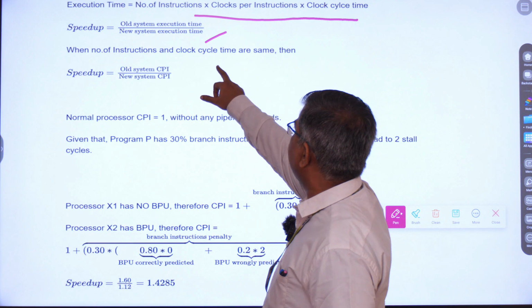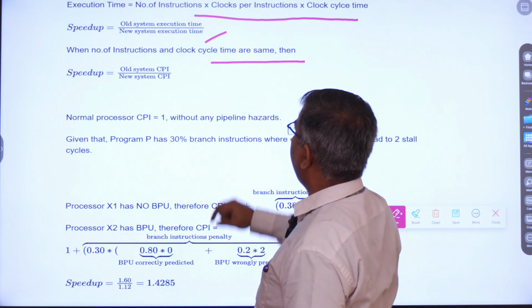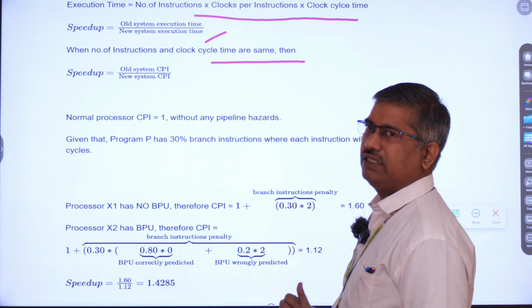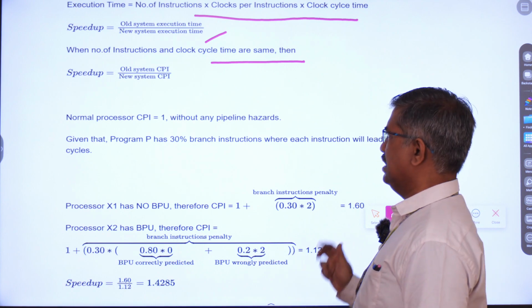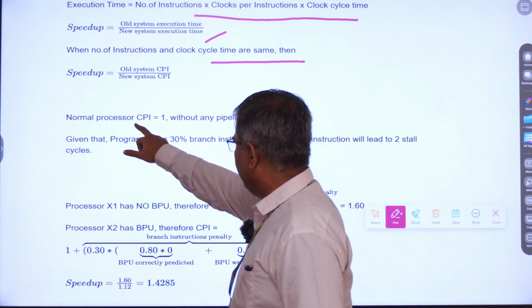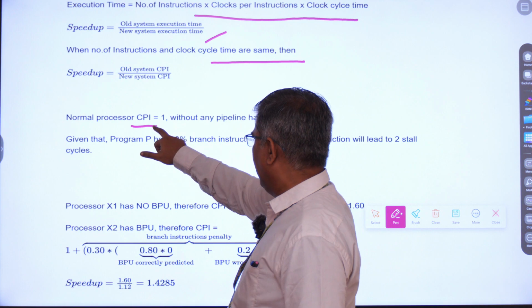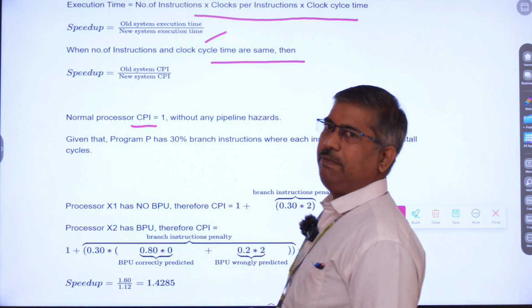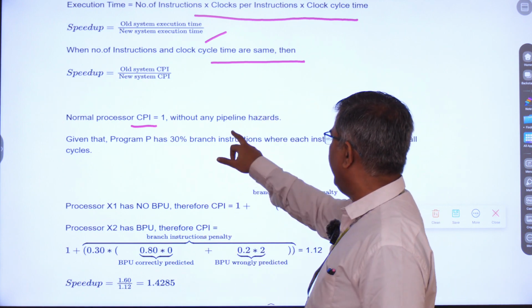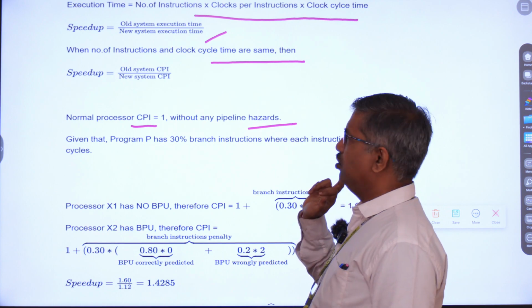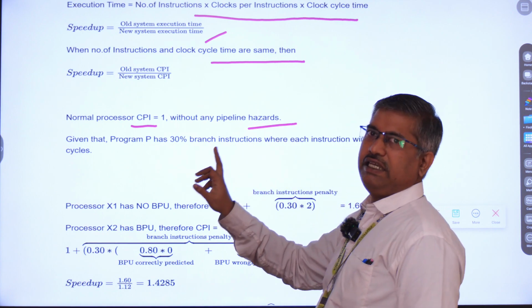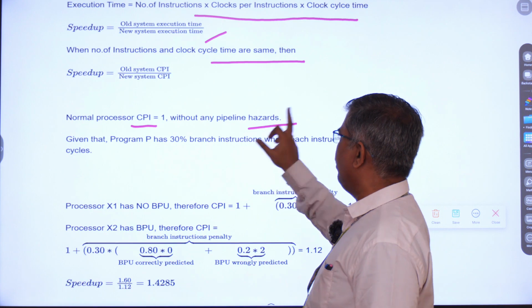When the number of instructions and clock cycle times are same, then speed up will be old system CPI divided by new system CPI. The normal processor CPI is 1 without any pipeline stalls.